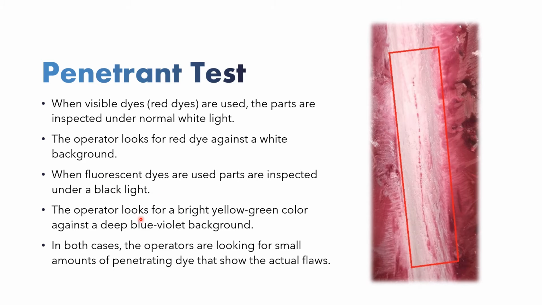And for fluorescent dye, the operator is going to look for a bright yellow-green color against a deep blue-violet background, okay? So in both cases, operators are looking for small amounts of penetrating dye that show your crack or your flaw or your defects, okay?